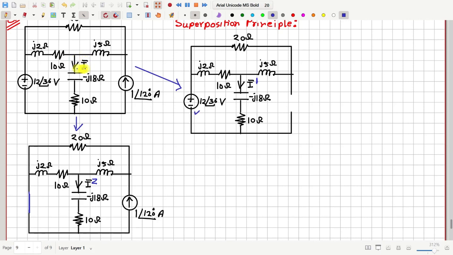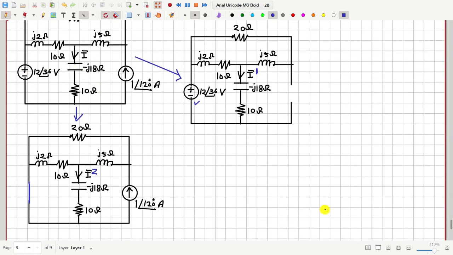Then definitely this current I in the original circuit will be the sum of I1 plus I2 due to both the voltage and current source together. So finally I will be equal to I1 plus I2.